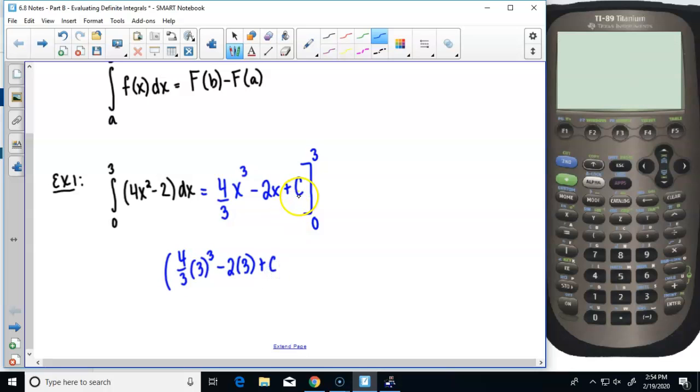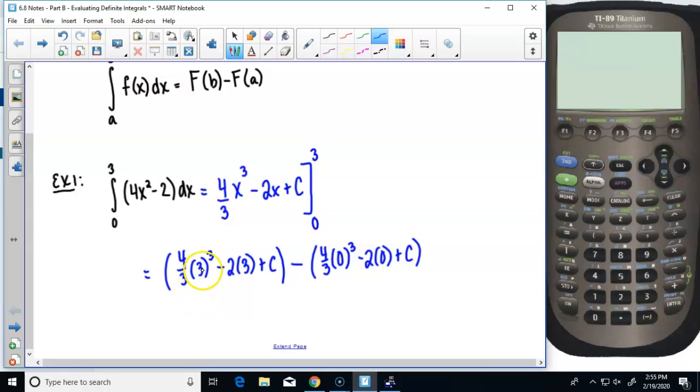You're not plugging anything in for c because it's just a dummy variable. And then we would subtract 4 thirds times 0 to the third minus 2 times 0 plus c. And then you're just going to evaluate that.